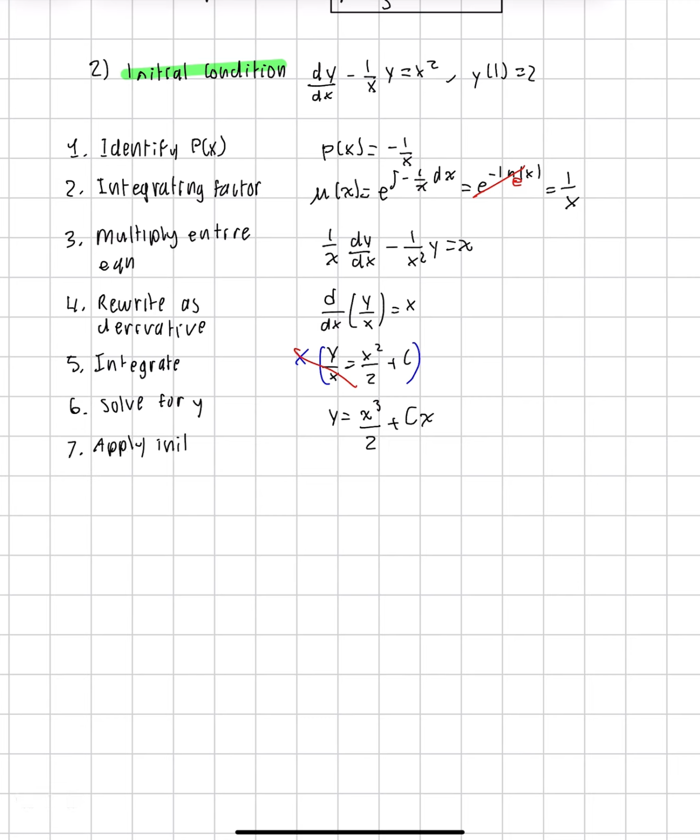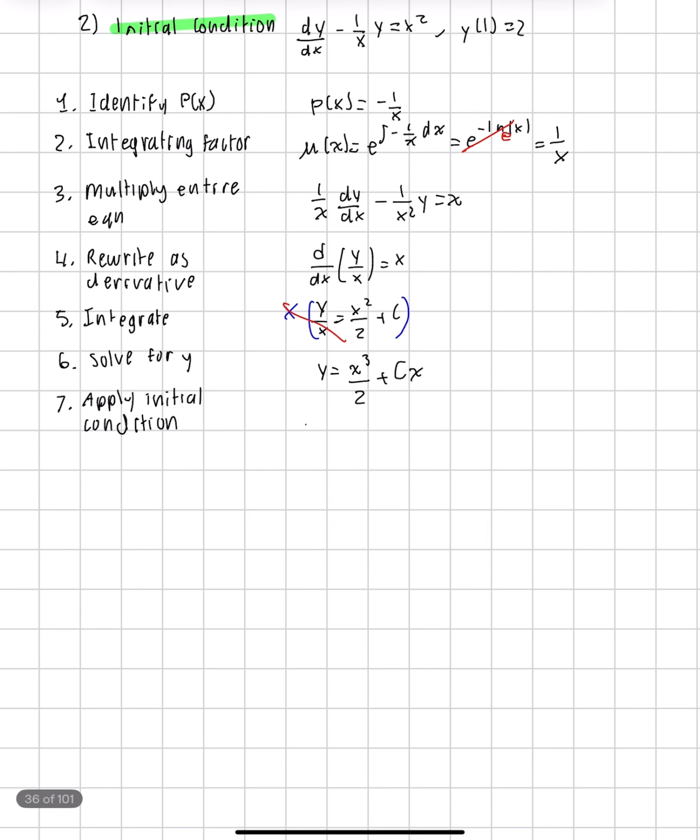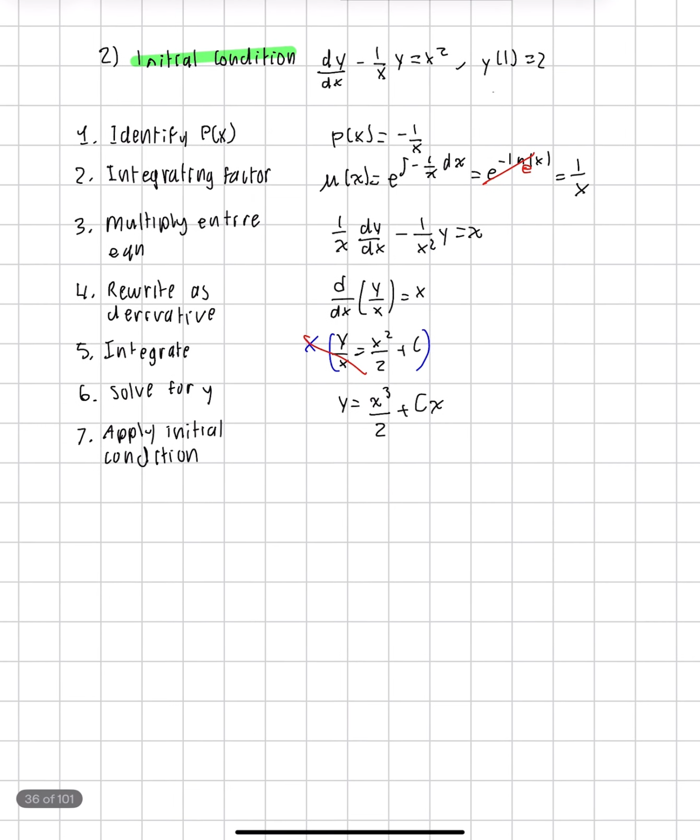So we have to apply the initial condition. Applying the initial condition, we have y of 1 is equal to 2. So that means that we have the input and we have to plug that in.